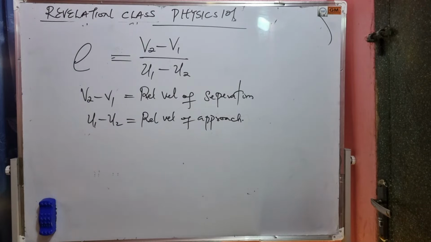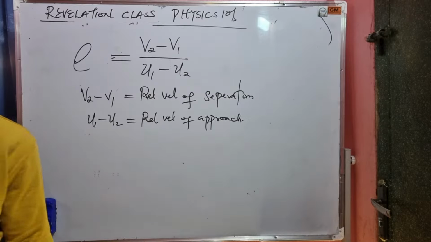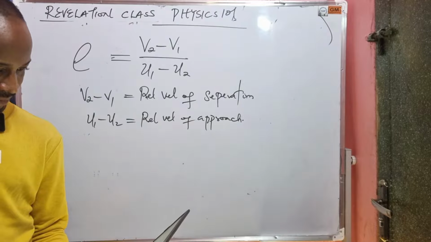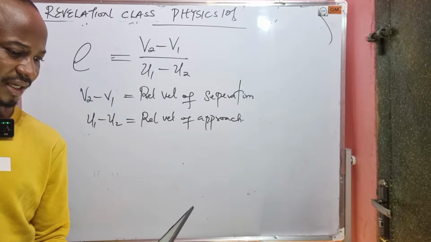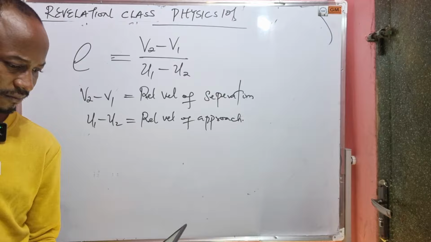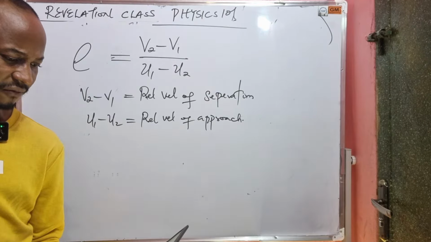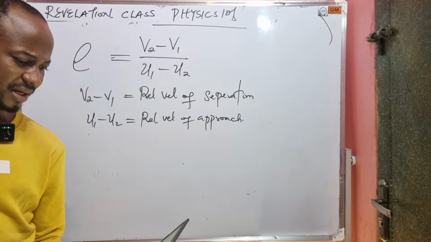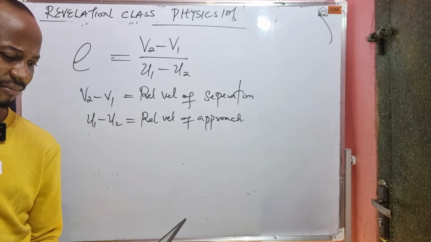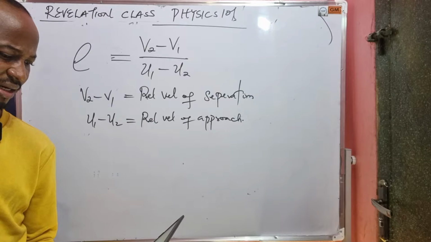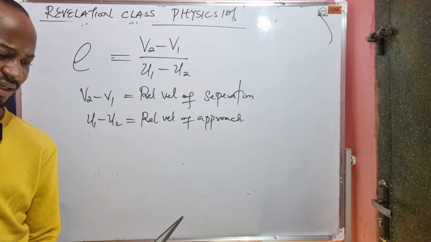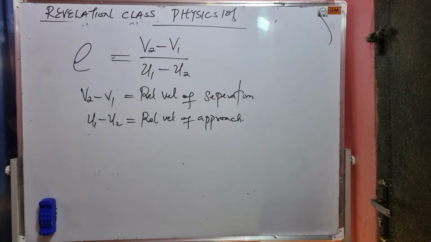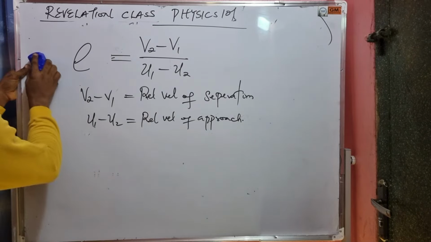Now the next question says, oh, this is very simple. A net force of magnitude 0.6 Newton acts on a body of mass 40 grams initially at rest. Calculate the magnitude of the acceleration. Let's attempt this question again.